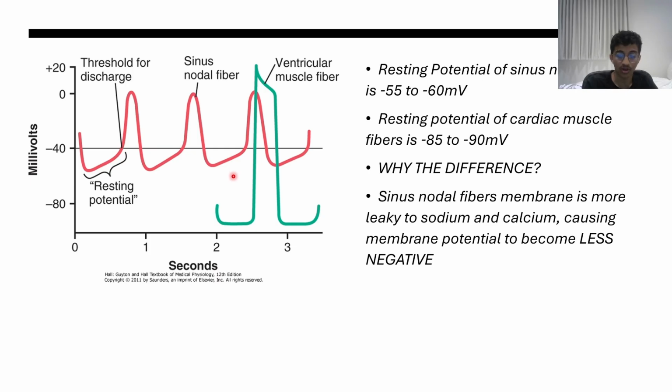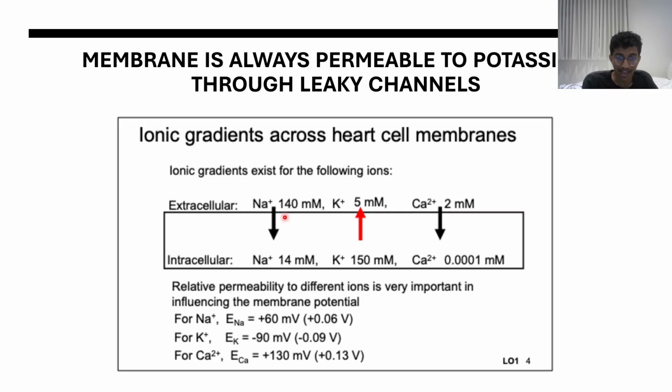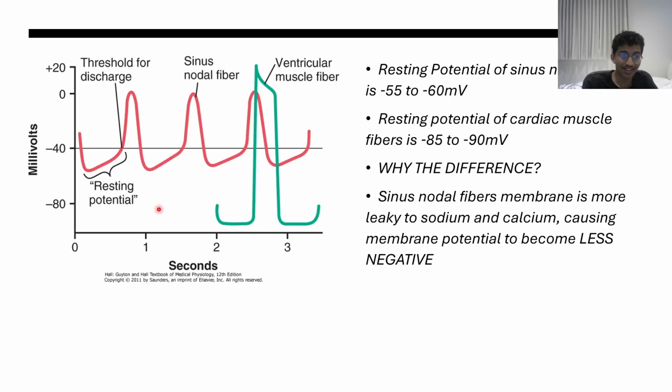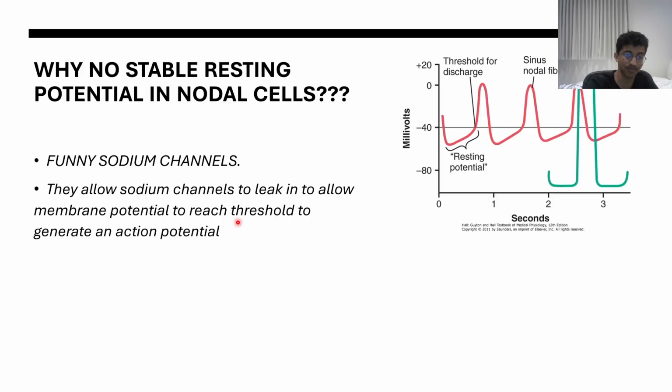I told you that sodium and calcium want to push the membrane potential to more positive values. Since the membrane is more permeable to sodium and calcium, it pushes it to less negative values. So this allows the resting potential of nodal cells to be less negative than that of the ventricular myocytes.